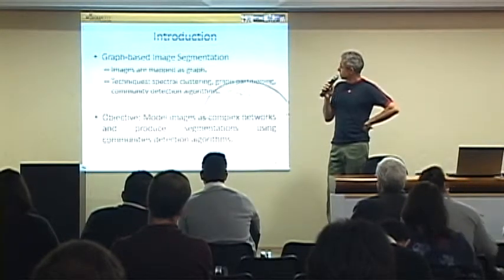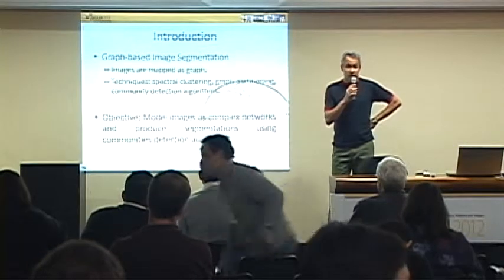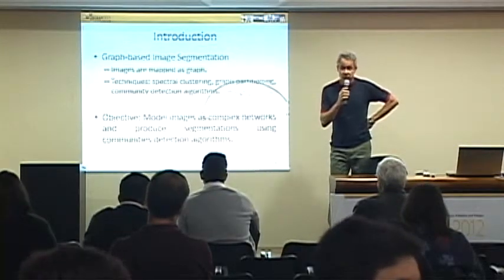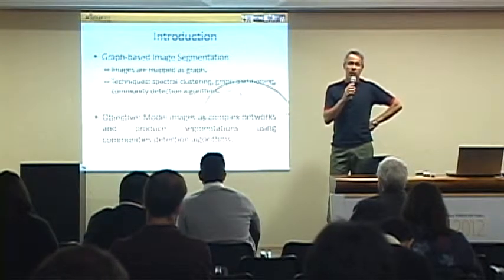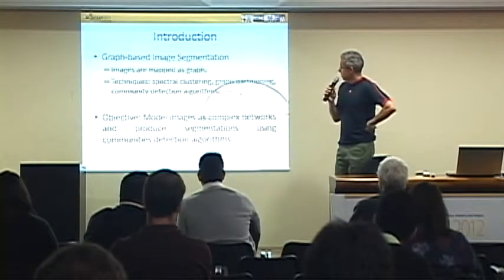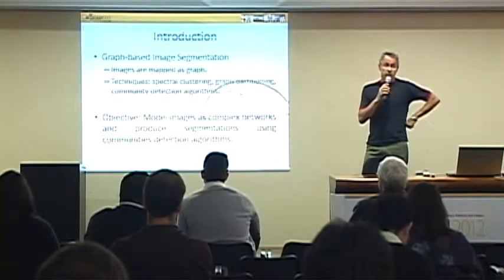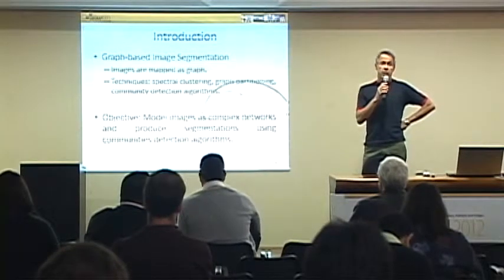And the major problem with those techniques is that they are very time consuming, and at the end of the day they are not very suitable for large images themselves. So the objective of this work is to try to make it useful for larger images.